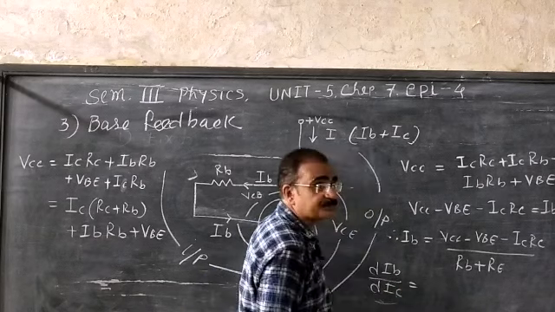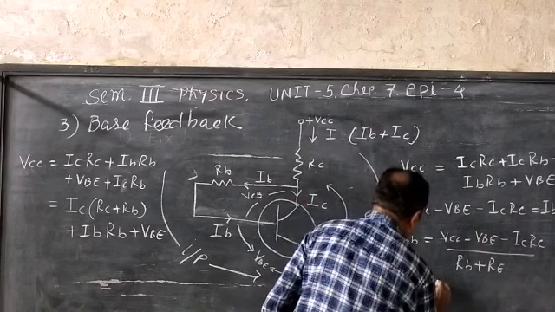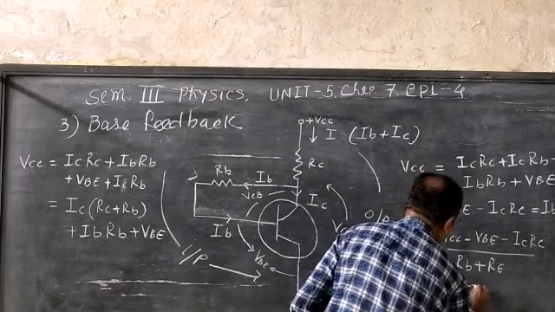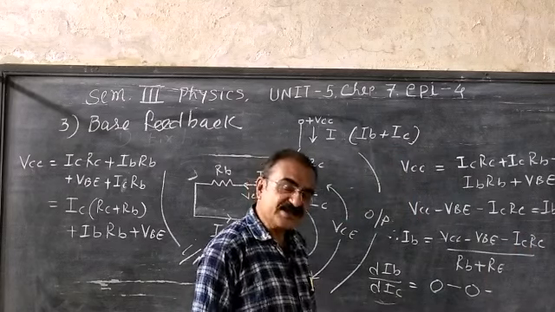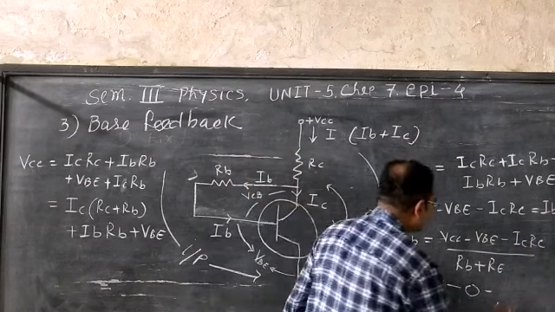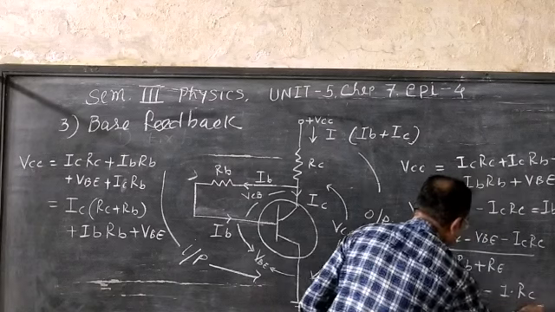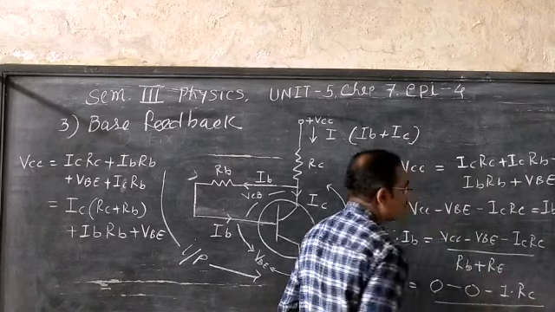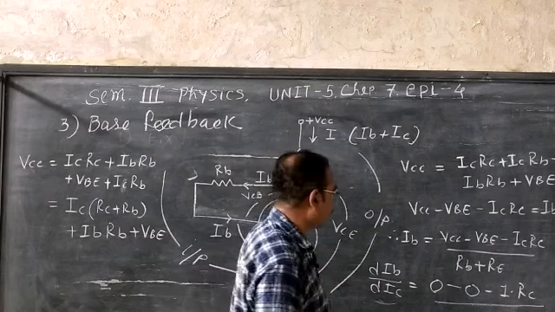This will be 0, no IC. This will also be 0, no IC. Then minus DIC by DIC, this will be 1, into RC. Now this is a constant, so you can derive it.